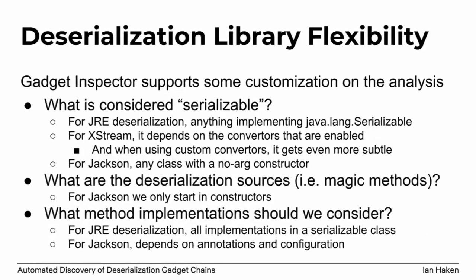Different deserialization sources exist, different matching methods between different libraries. Again, parameterizable in step 4. And what method implementation should you consider? For things like the JRE ObjectInputStream, that's basically any implementation you want, but for something like Jackson, there are annotations you can put on methods that determine what data types can be used for those member values. So it depends, and all of that's parameterizable in this analysis though.